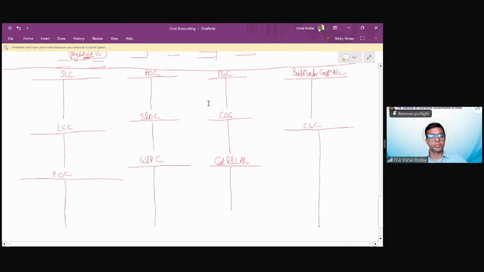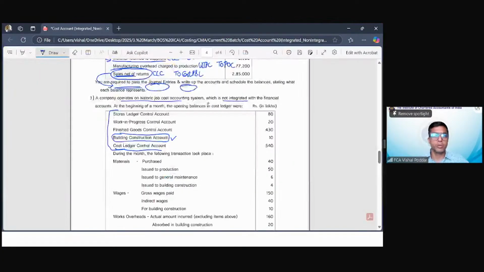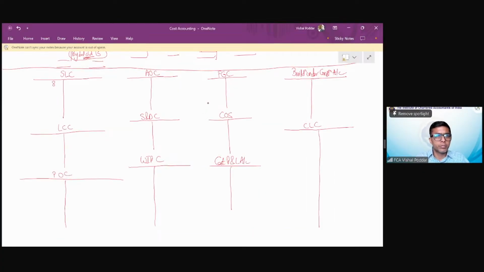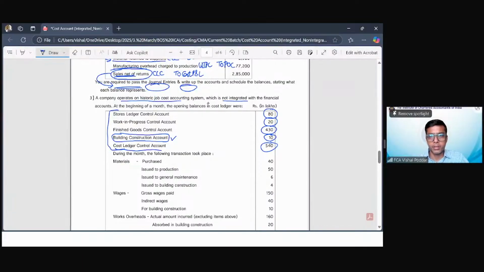Perfect, students. Now let us do the postings. So first, opening balances of each account I will post. Building construction 10 and the balancing figure is 540. Again, you can cross check.